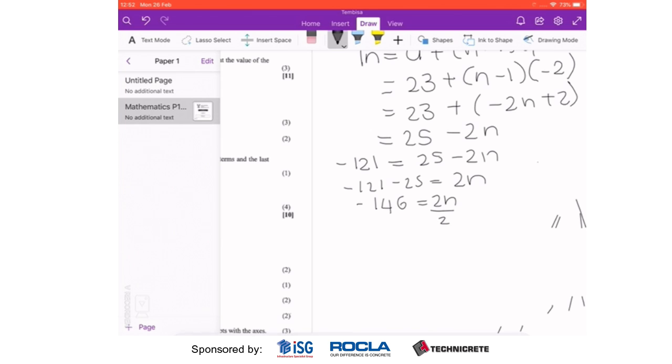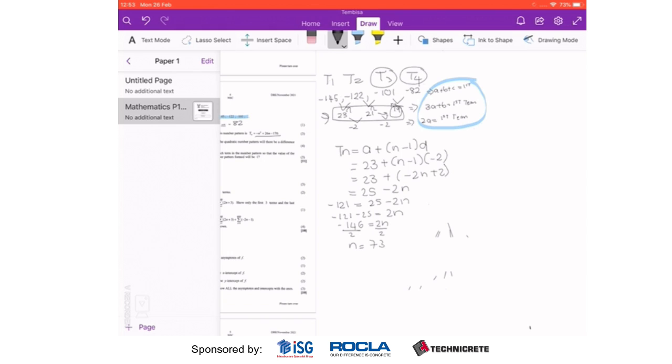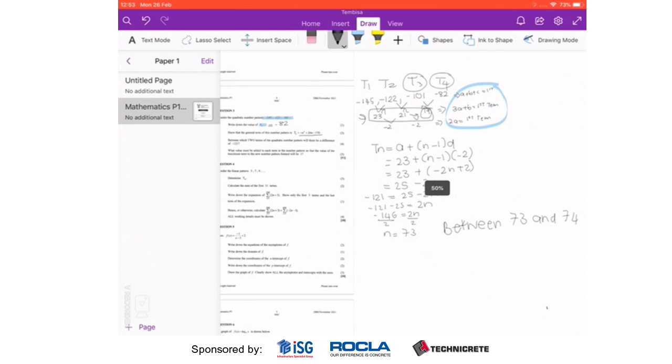Divide by 2 on both sides, and n is therefore equal to 73. It's not going to be a negative value because we're determining the position. So if n is 73 here, my answer is therefore between 73 and 74. Okay, so that was our answer for 3.3.